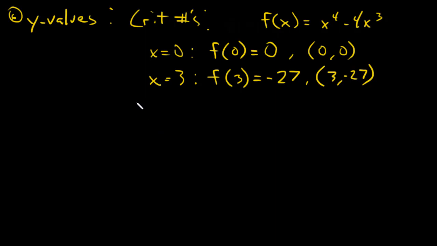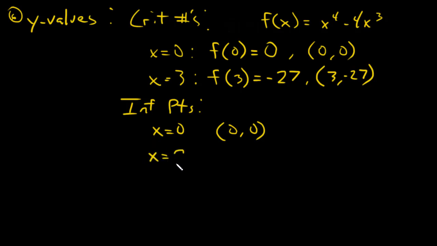Alrighty, now I'm going to find my inflection point y values. So at x equals 0, well, I already have that, right? I know what the y value is for that position. It's at 0, 0. Okay? But I also had x equals 2.